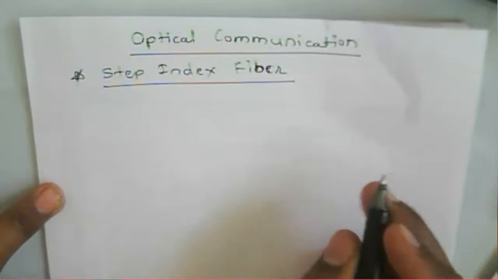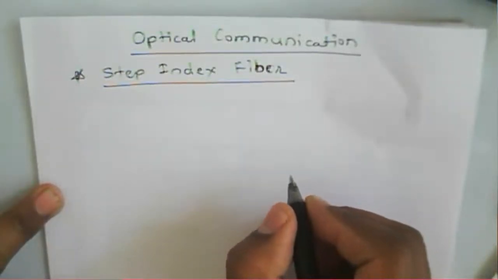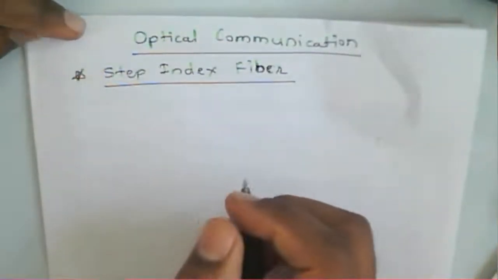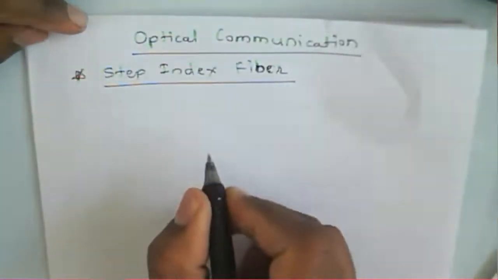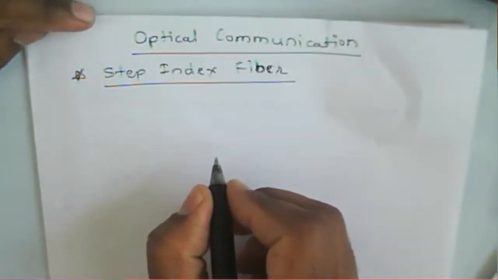There are types of fiber based on what the core is and what the refractive index of the core of a fiber will be. Based on that, they have the types of fiber.